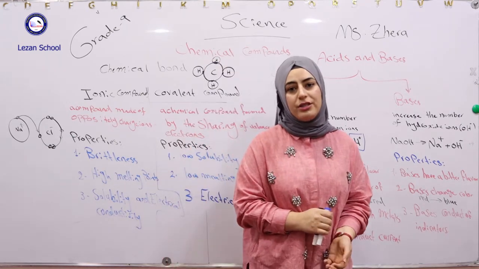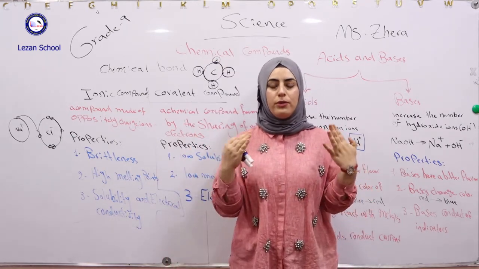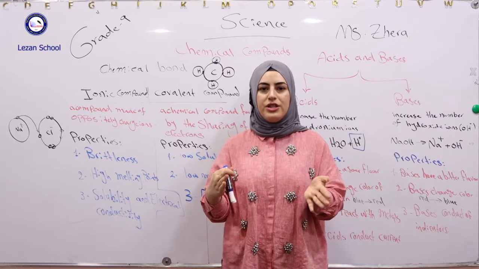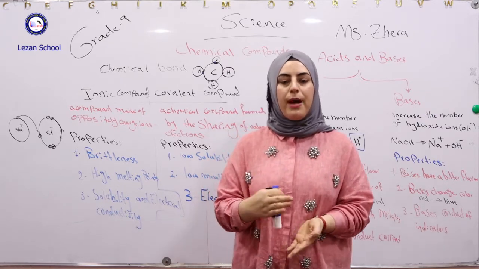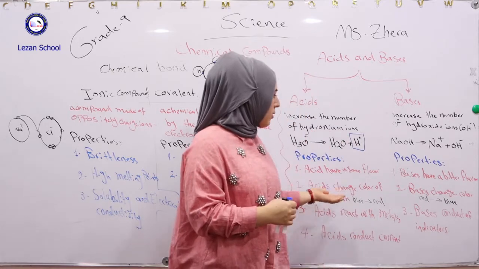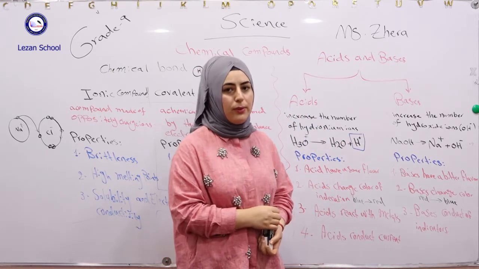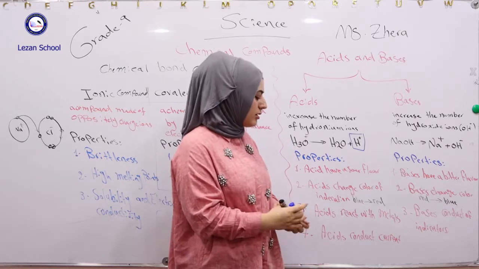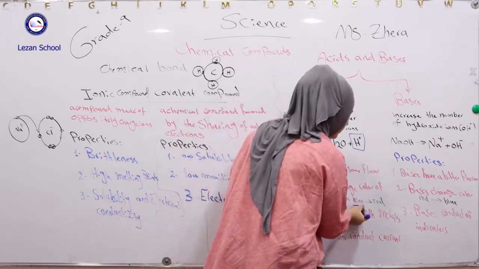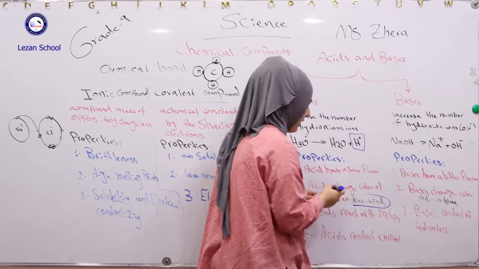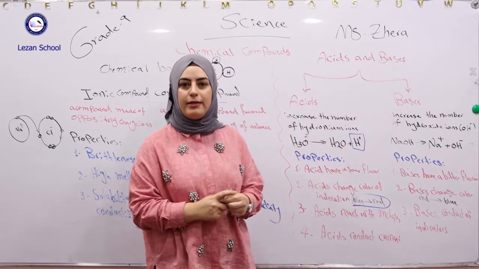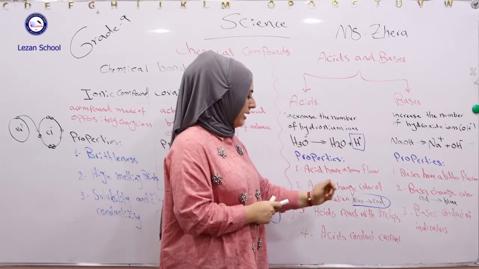Indicators change the color of paper according to the pH scale. When you put litmus paper blue in an acid, it changes to red.